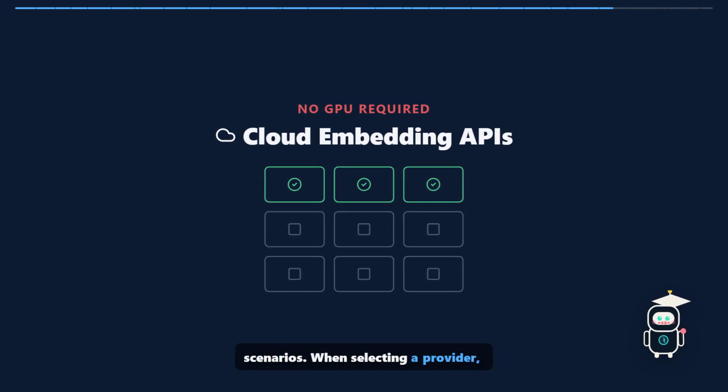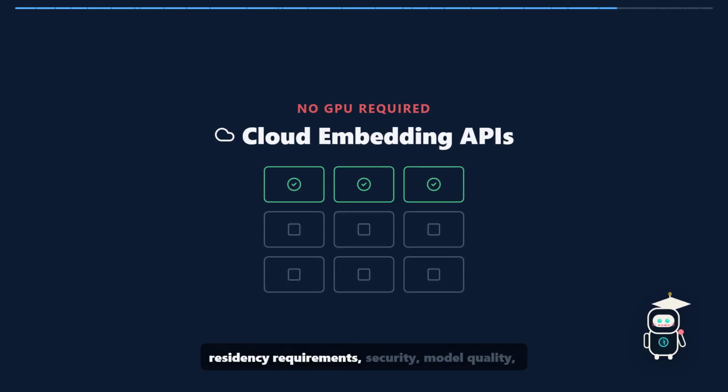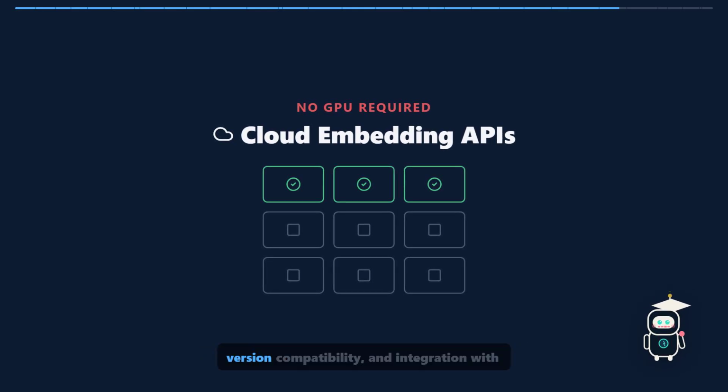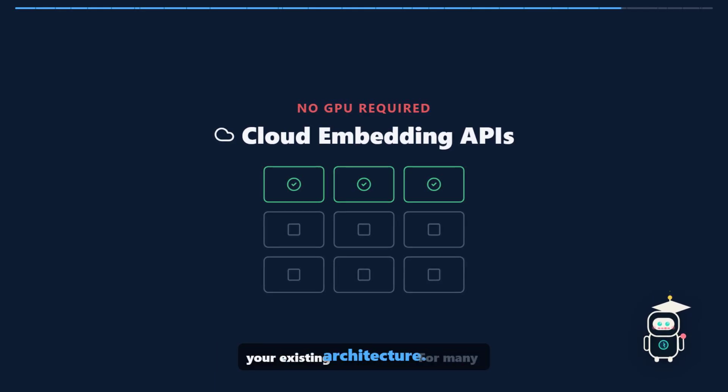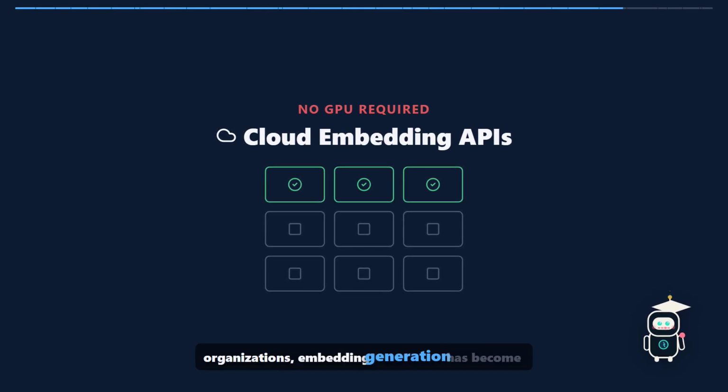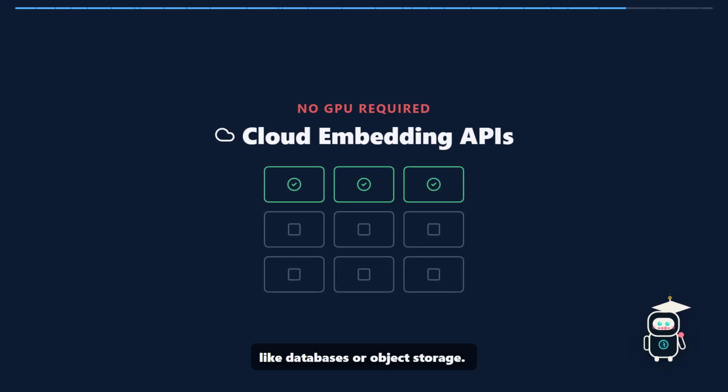When selecting a provider, don't compare only price. Also consider latency, regional availability, data residency requirements, security, model quality, version compatibility, and integration with your existing architecture. For many organizations, embedding generation has become a standard infrastructure service, much like databases or object storage.